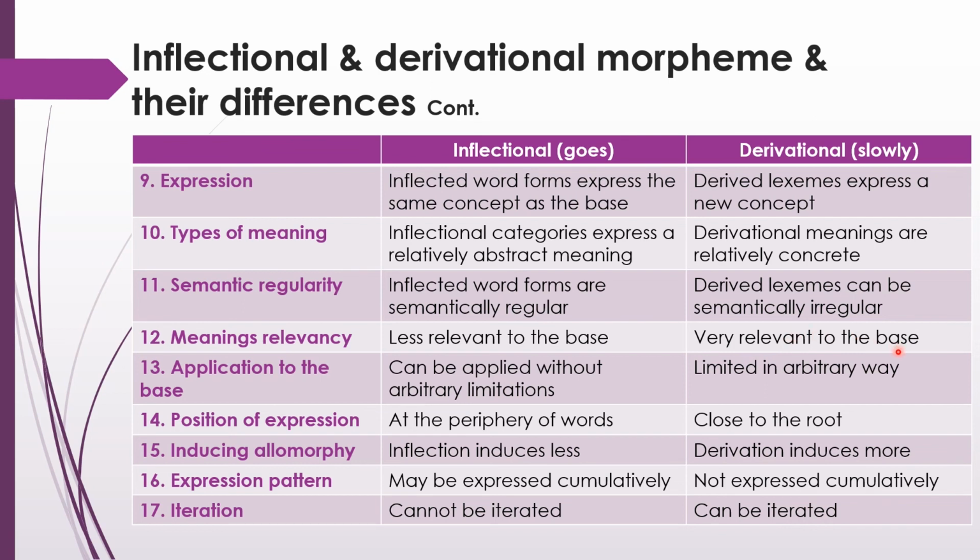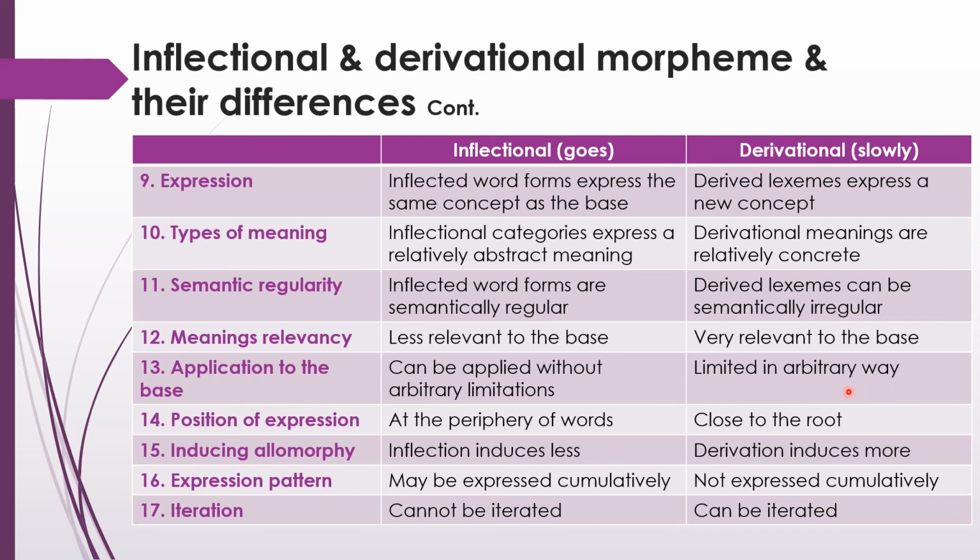Application to the base can be applied without arbitrary limitations. Arbitrary means what is not fixed. So we can apply inflectional morphemes where the limitation is not fixed. But whenever you are applying derivational morphemes, it can be fixed. It is very limited in an arbitrary way.